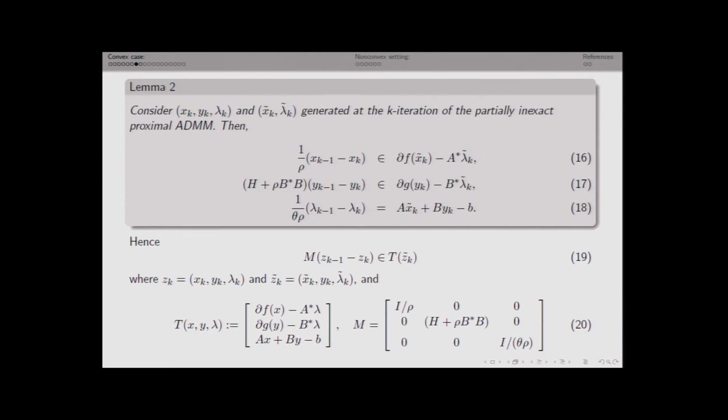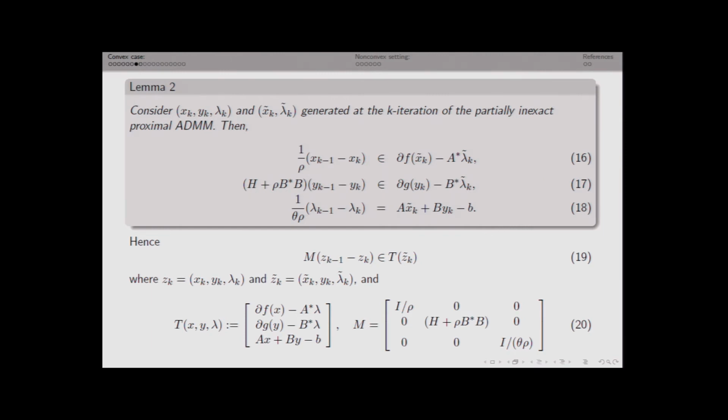What we want to do is measure this residual in some sense, and say how many iterations do I need in order to have this residual small enough, given by some tolerance? This can be rewritten in a different way, like this. You have this inclusion, where M is this matrix and T is this operator.